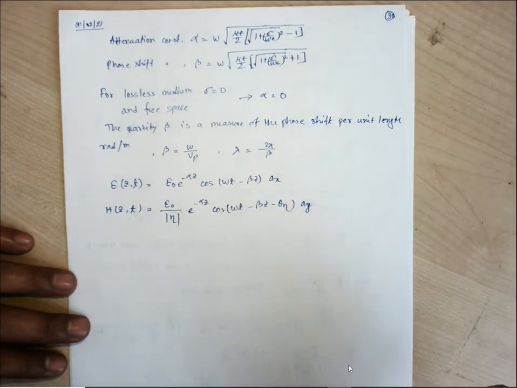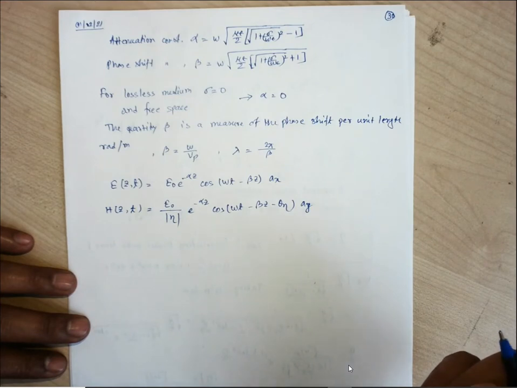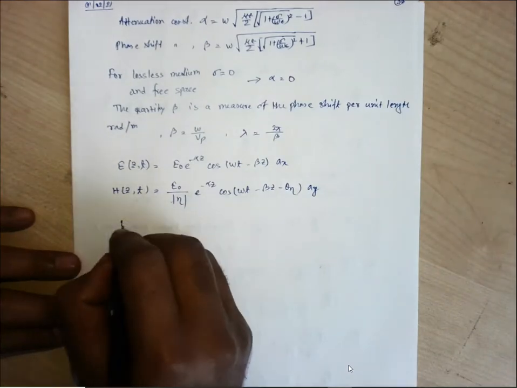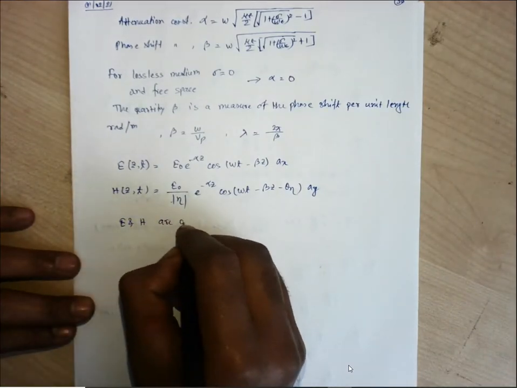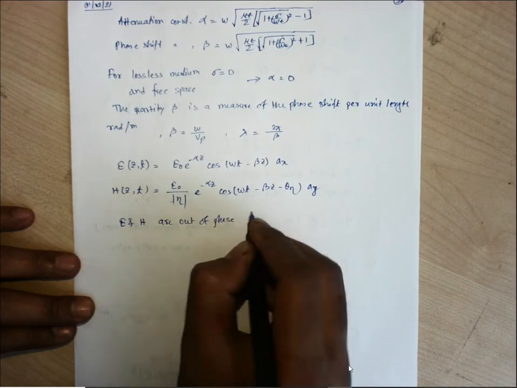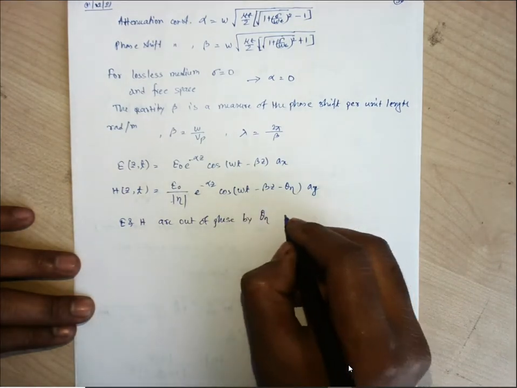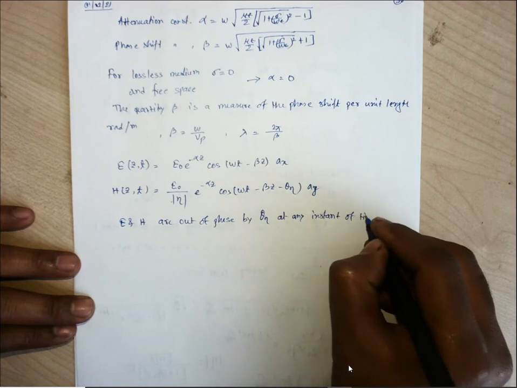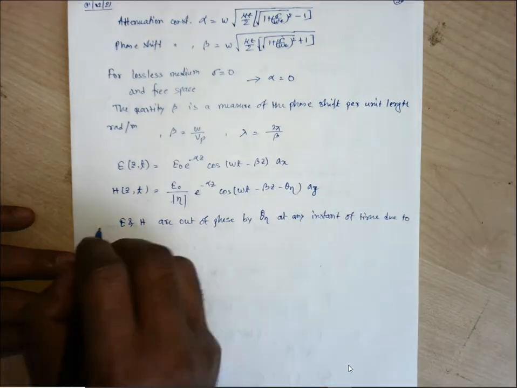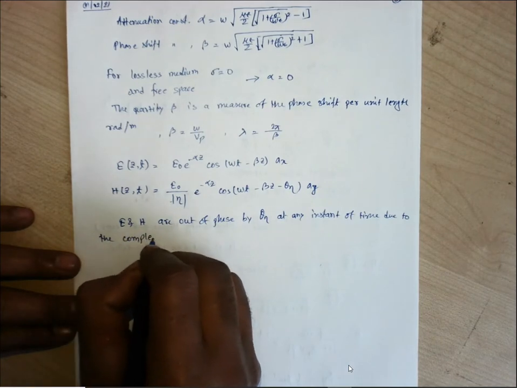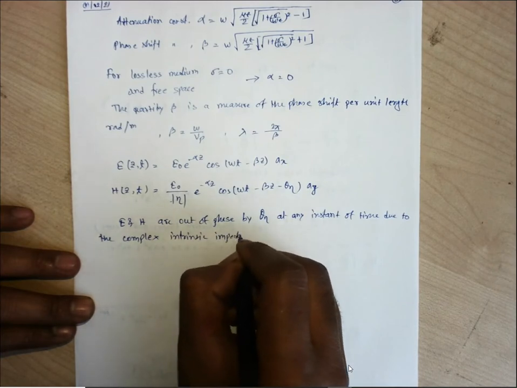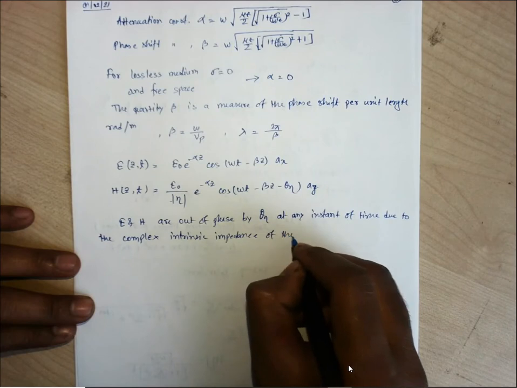The phase difference between E and H is theta eta at any instant of time, due to the complex intrinsic impedance of the medium.